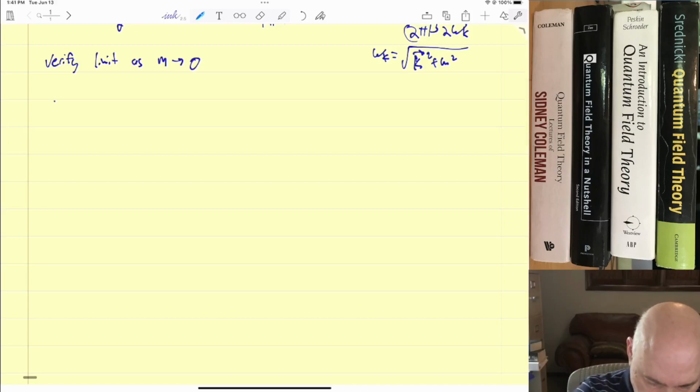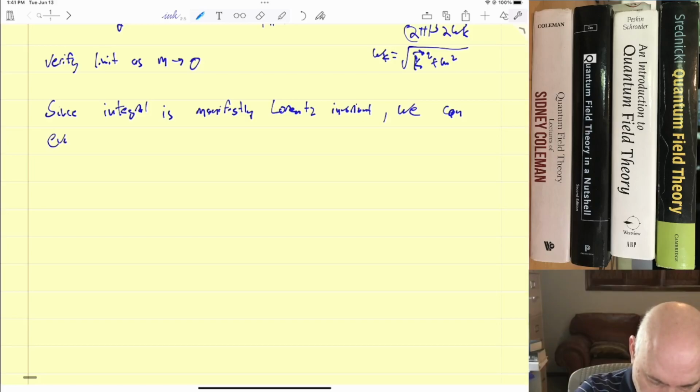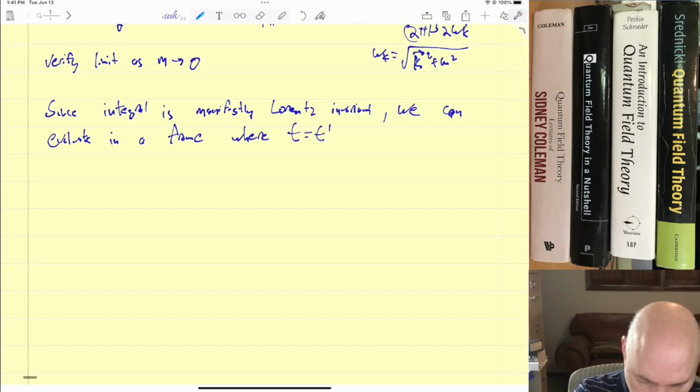Now, since the integral is manifestly Lorentz invariant, because we have the Lorentz measure, and everything else is just products of 4 vectors, Srednicki suggests we evaluate in a frame where t equals t prime.